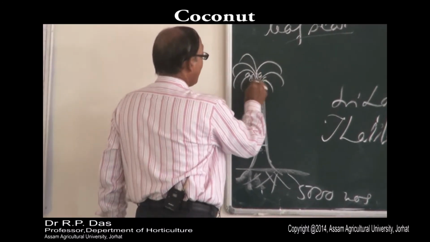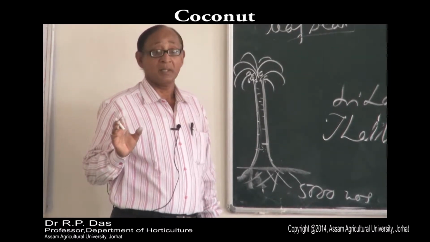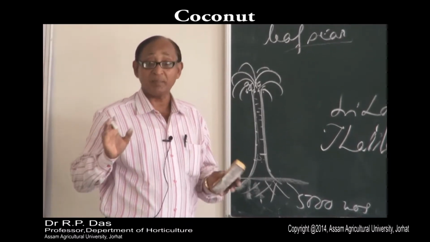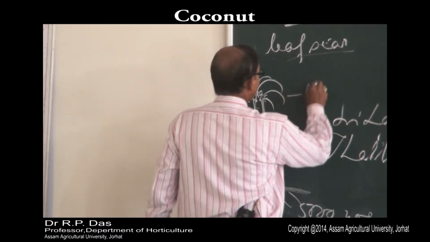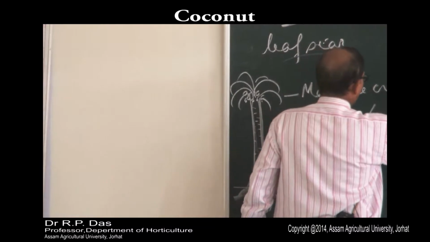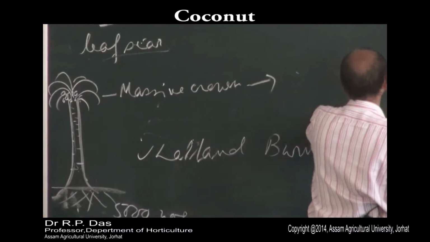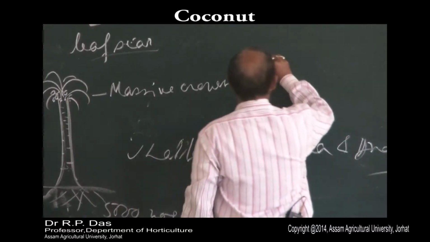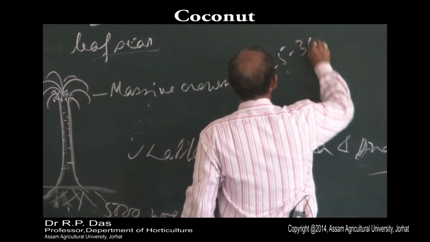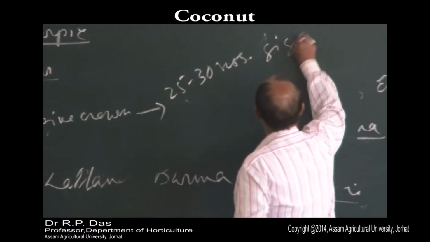Then with a massive crown, and that crown consists of 25 to 30 gigantic leaves.